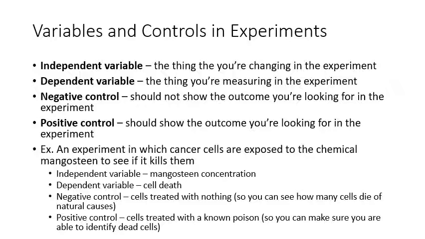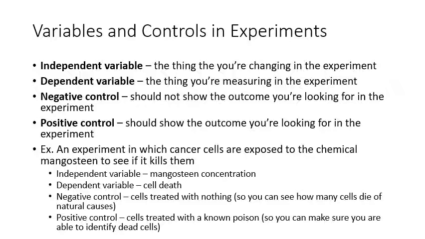Then you would also have the positive control. So in this case, your hypothesis is going to be that mangosteen does kill the cancer cells. So the positive control is the outcome that you're looking for. It should show the outcome that you're looking for. So what you want to see there is cell death. You're looking to see the mangosteen kill the cancer cells. So in your positive control, you need to find some way of killing the cells so you can show cell death in that control.